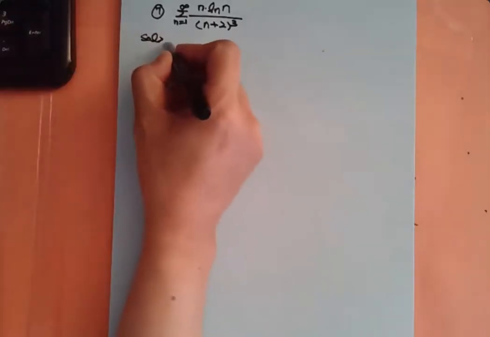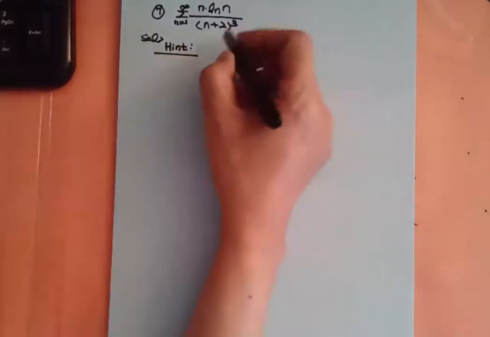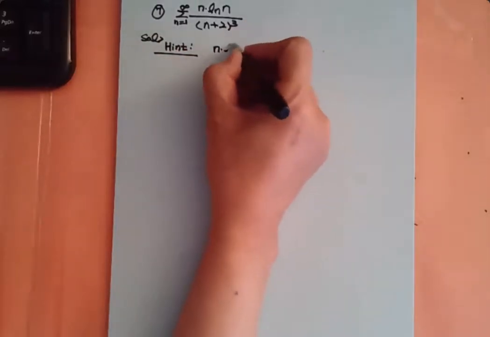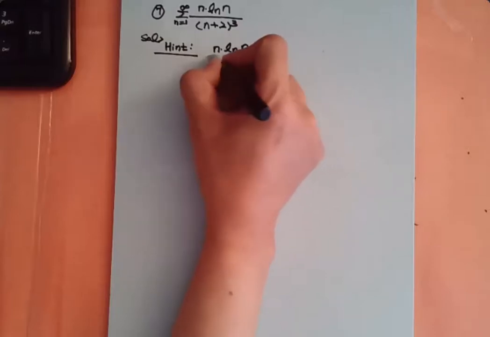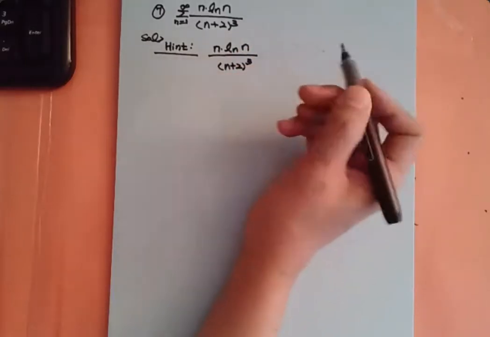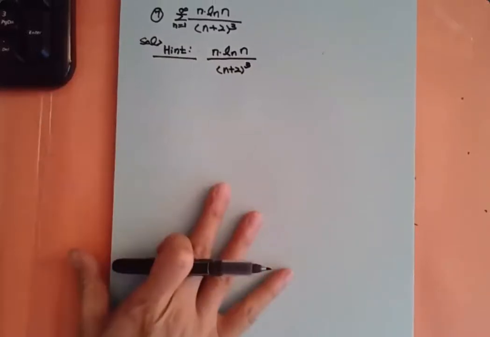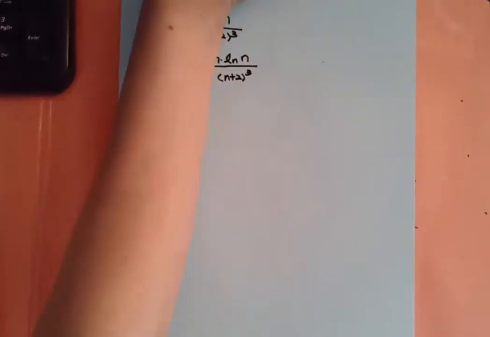When you look at the problem, what you have to think about first is the fraction. What can be the best and simplest fraction to be related to this fraction?